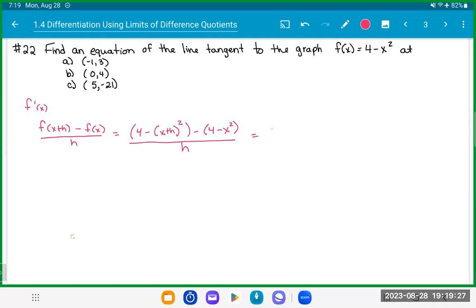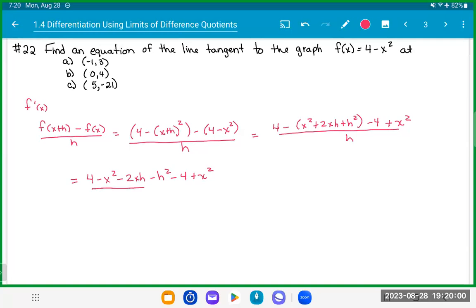And so this will be 4 minus x squared plus 2xh plus h squared, minus 4 plus x squared, over h. Simplify this down some, and we get 4 minus x squared minus 2xh minus h squared minus 4 plus x squared, all of that divided by h.